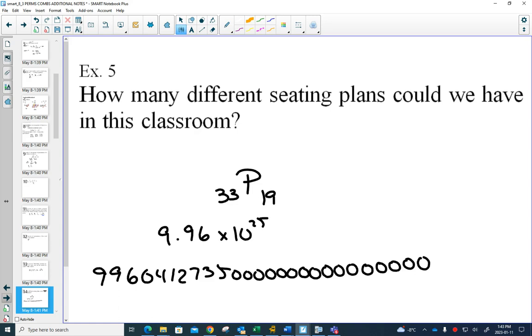I once did it without the empty desks, just with, you know how we change our seating plan each month, the random seating plan generator? I said, just going to use the seating plan that we have right here, which is 19 desks, 19 people. That would be 19 factorial different ways of doing it.